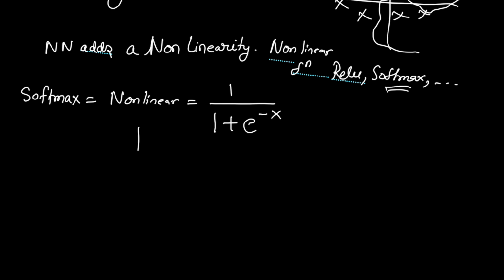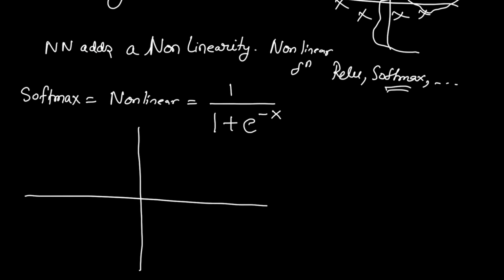Let's plot this. If you plot it, it will come out something like this. So it goes something like this here. Here it goes towards 0 and here it goes towards 1. Now this is 0.5, and this is x.